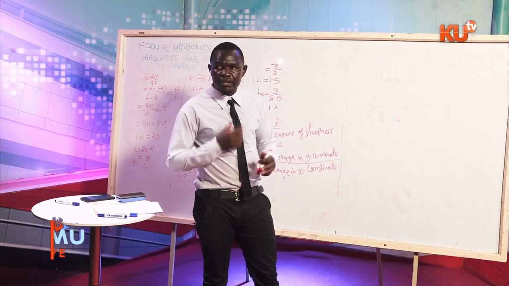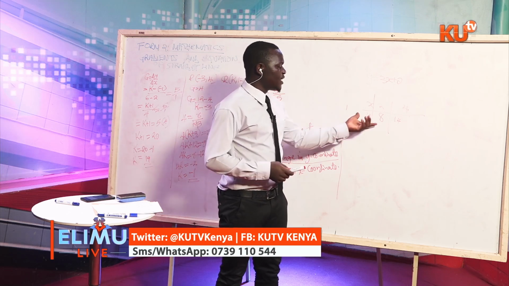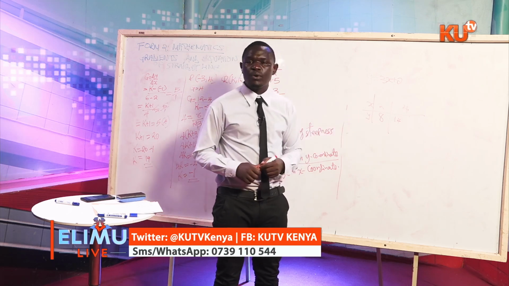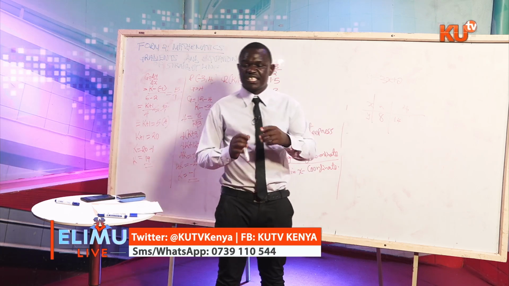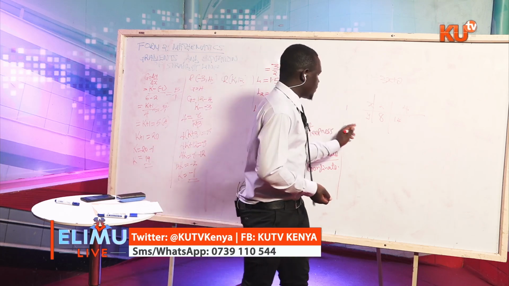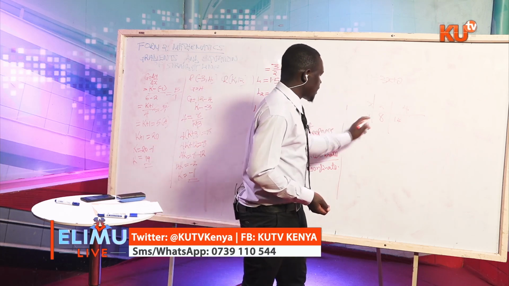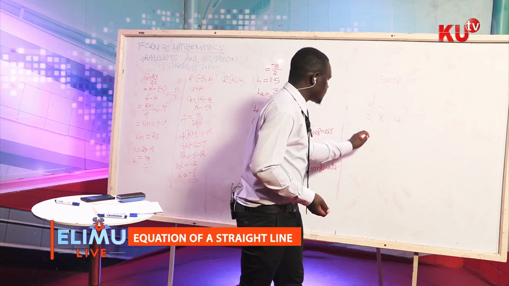Now, by filling up this small table, you will be able to have your 2 points, dear students. Remember that a point is normally represented in the form of xy coordinates. So the first point is when x is 2, its y becomes 8.